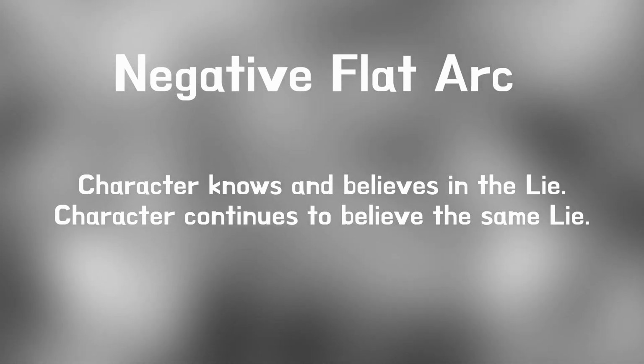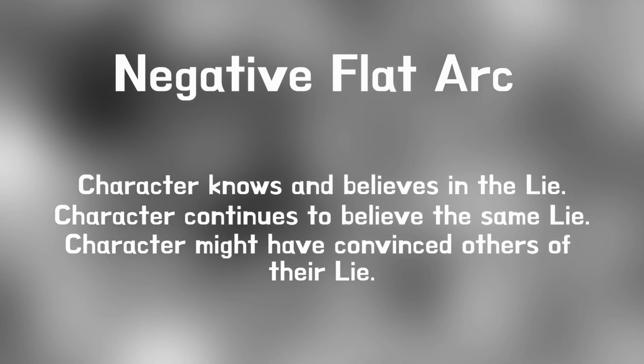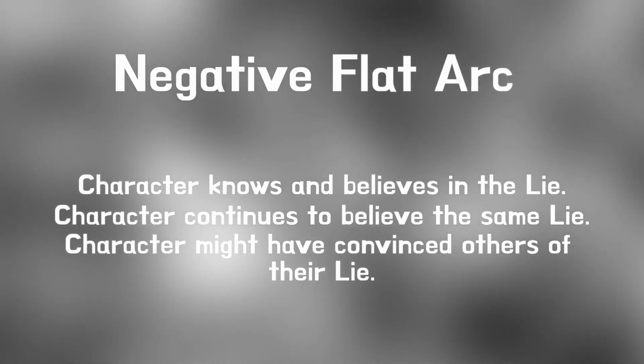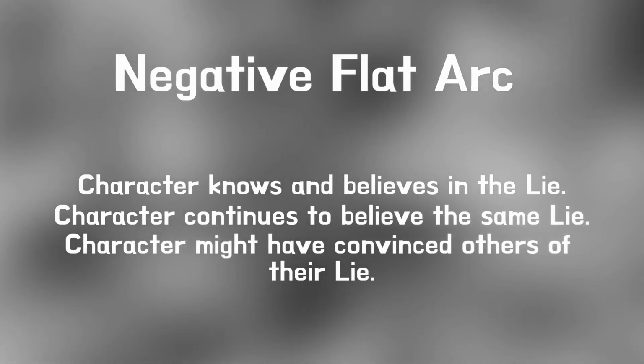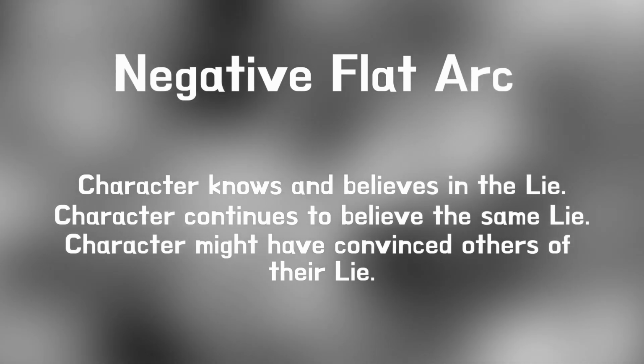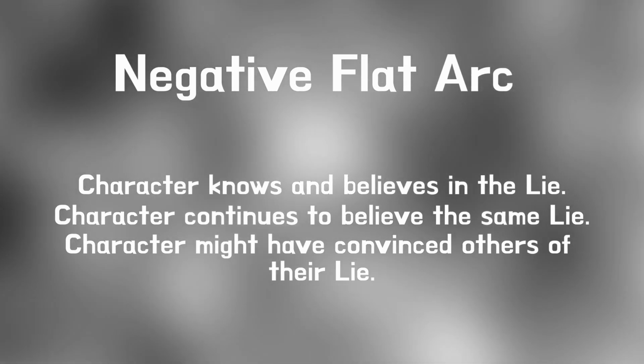Though what might have happened is that that lie might have spread to other characters, or they might just have a better understanding of that lie or bad truth. A short story I wrote as well is one that involves a flat arc. Static Love, which is available down below for free, is a story where our protagonist knows a truth about themselves and does not change.